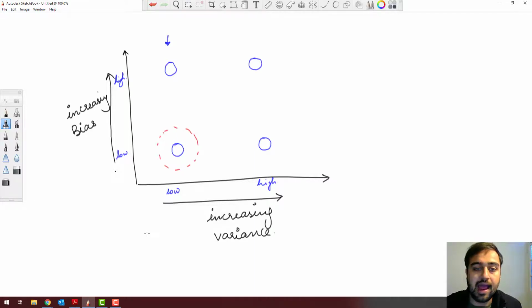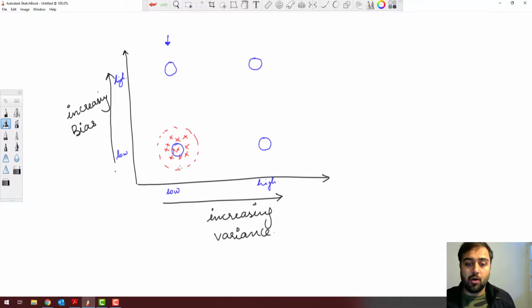And low variance would mean that our model is not so noisy. That means the values of the same class will be grouped really close together, right? So a model having low bias and low variance would be something of this kind, grouped very closely together.